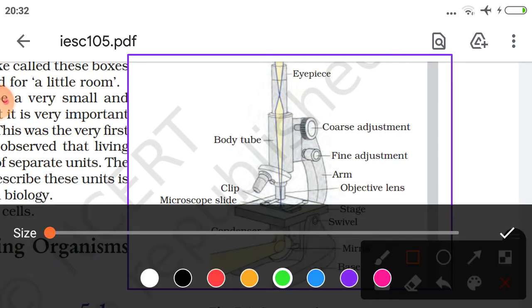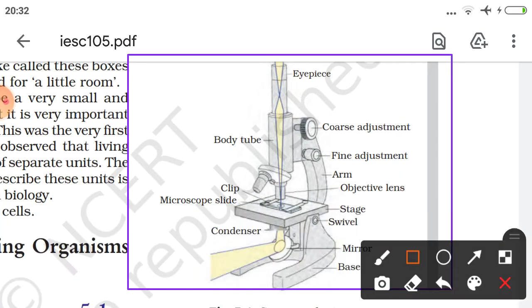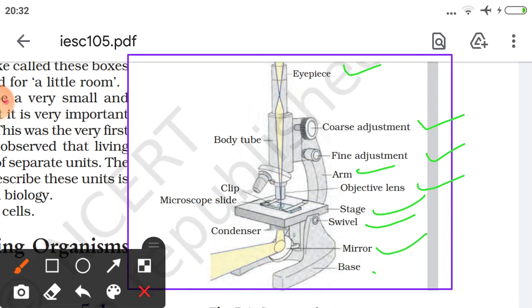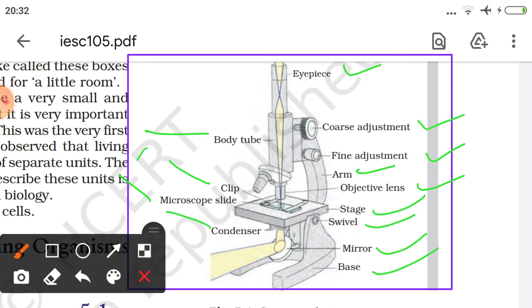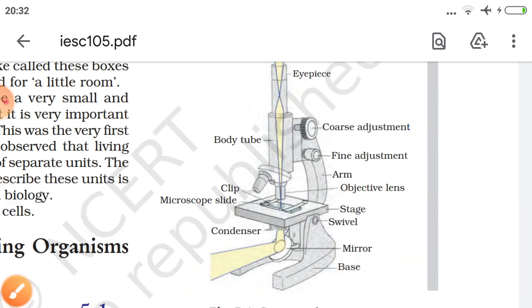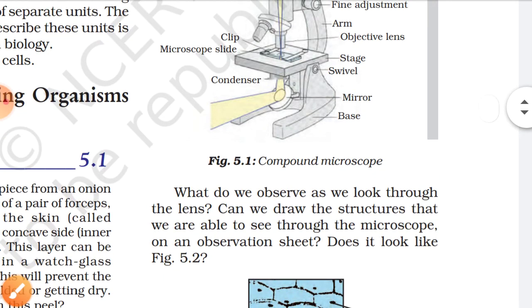Here is your eyepiece, coarse adjustment, fine adjustment, arm, objective lens, stage, swivel, mirror, base, body tube, clip, microscopic slide, and condenser. So it is all about your compound microscope. I hope it is clear to you.